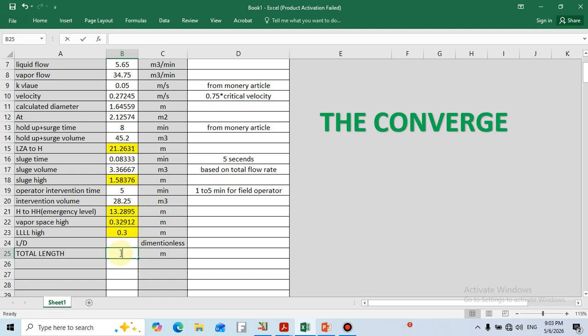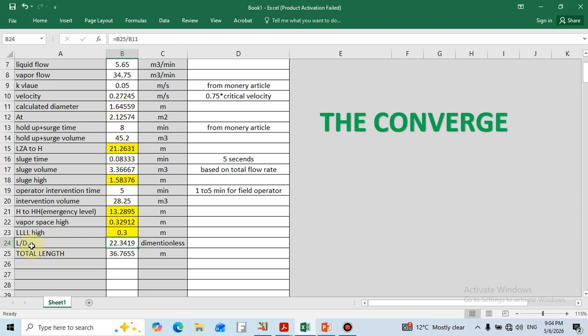So the summation of this yellow cell is our vessel length. Just sum this up as well. 36 meters. So L per D is this cell per internal diameter of the vessel that we have calculated earlier.